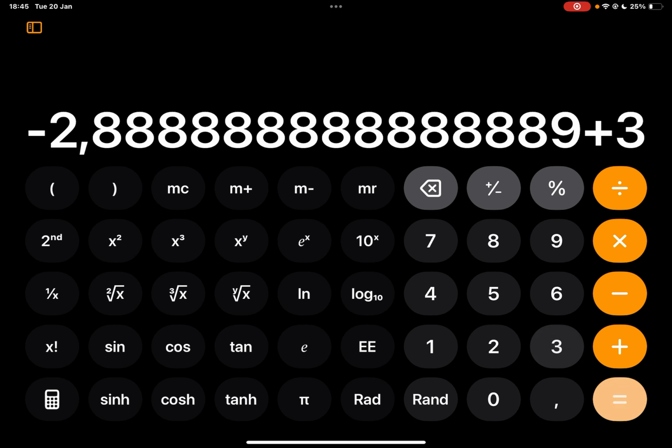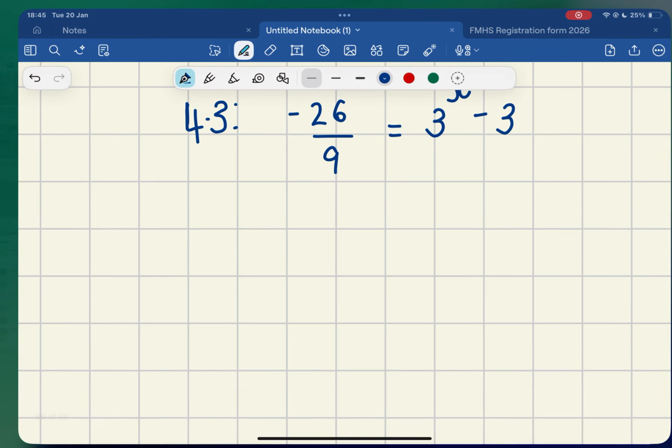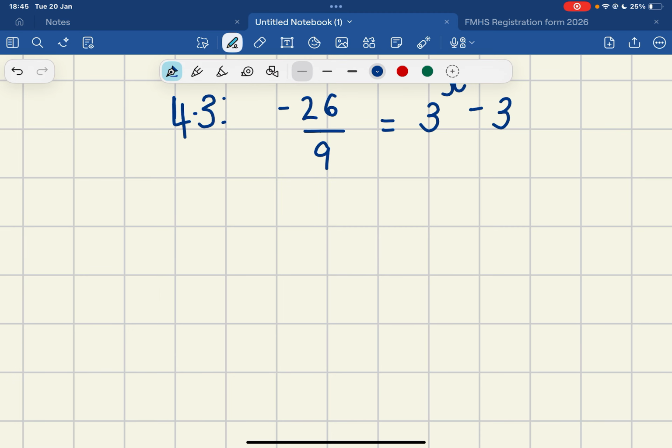What I'll do is I'll add 3 on both sides. I don't have a calculator currently with myself, hence I won't properly get to the answer. But anyways, that being said, -26 over 9 plus 3 is equal to 3 to the x.